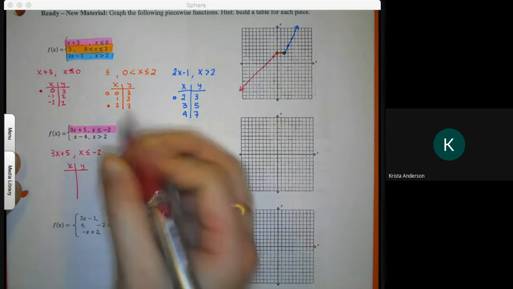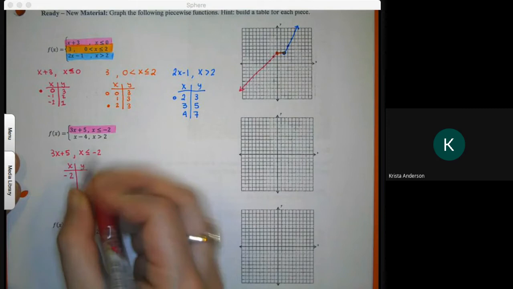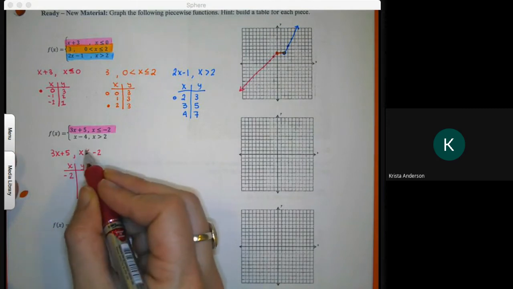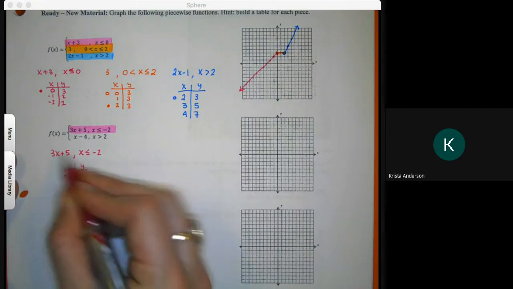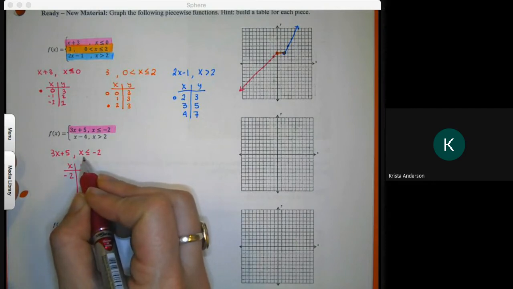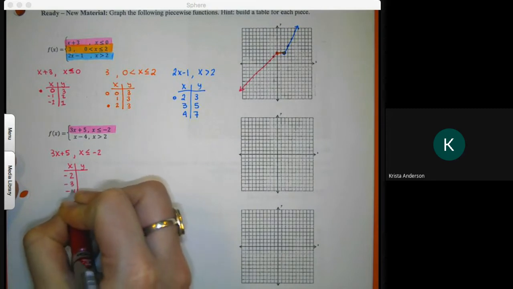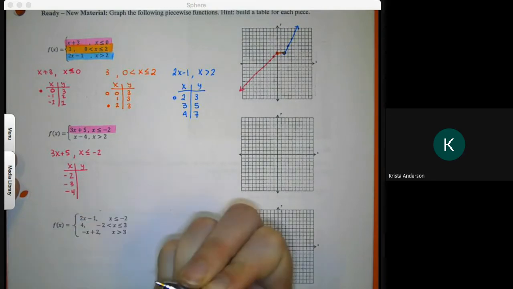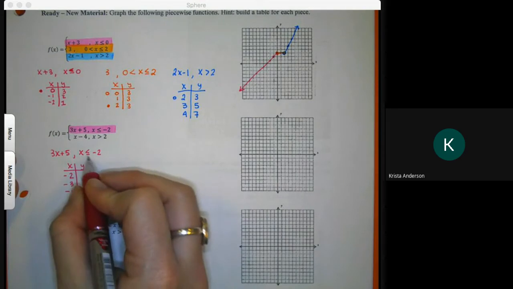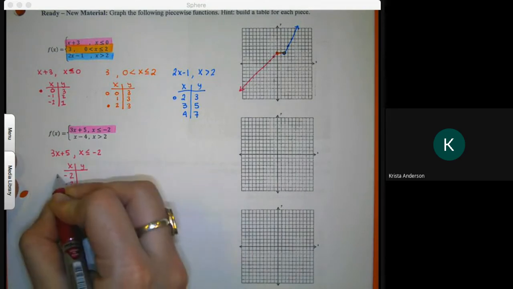I start with the number -2, and I look for numbers that are to the left of -2. Left of -2 on a number line would be -3, -4. When I check my first starting number, it is equal to it, so I'm going to have a closed dot.